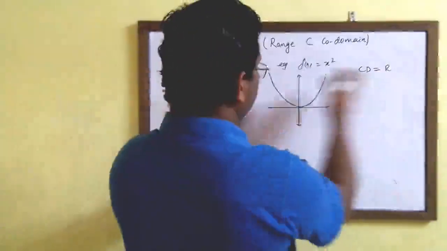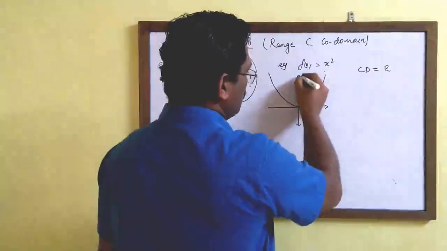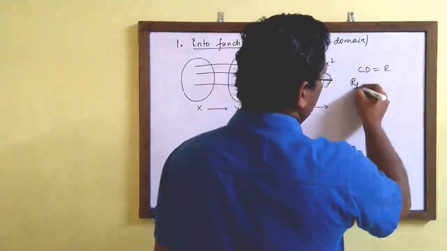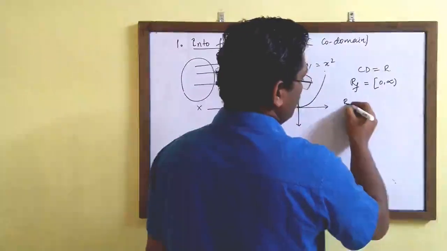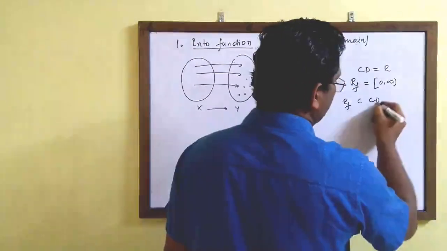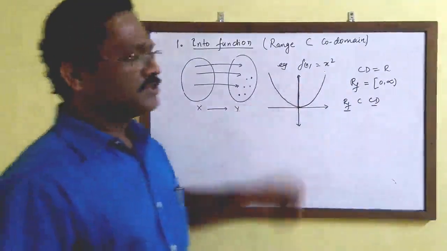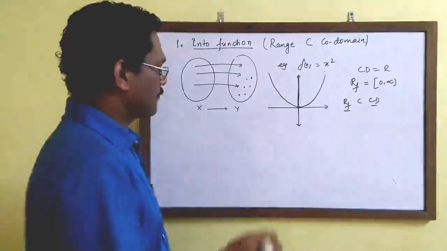If I project this graph over the entire y-axis, I get only this part, that is the positive part, 0 to infinity. So the range of the function is 0 to infinity. That means the range of the function is a proper subset of the codomain. Since it is a proper subset of the codomain, I'll say this is an into function.